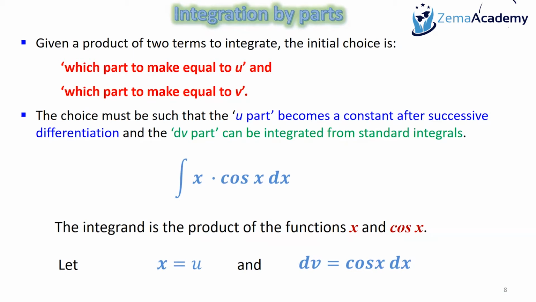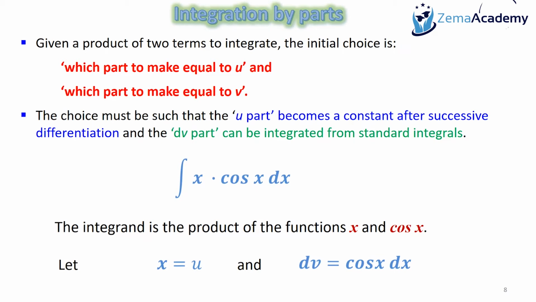So the difference is I can't take u equal to cos x, because when I integrate cos x, I will get the answer sin x, which can again be solved, requiring me to use a differential table.